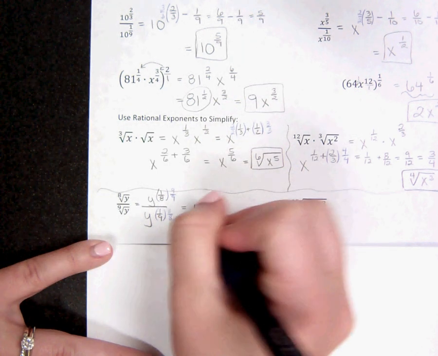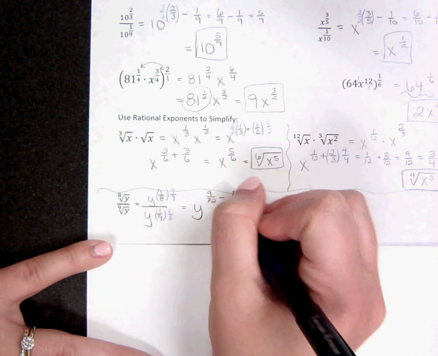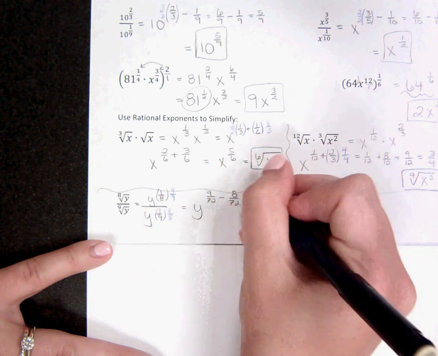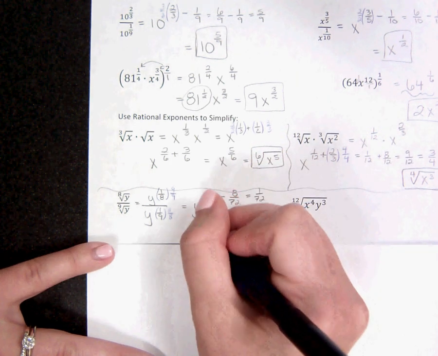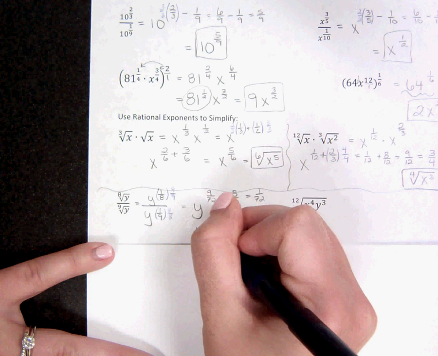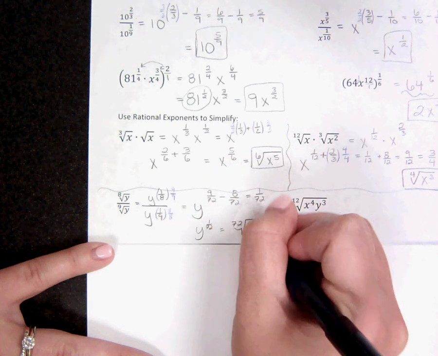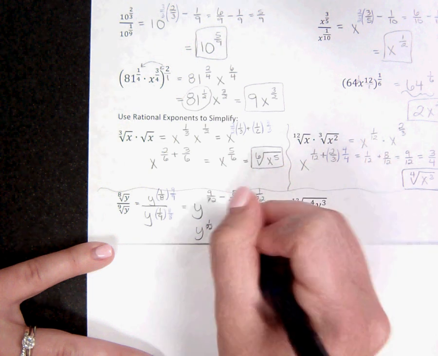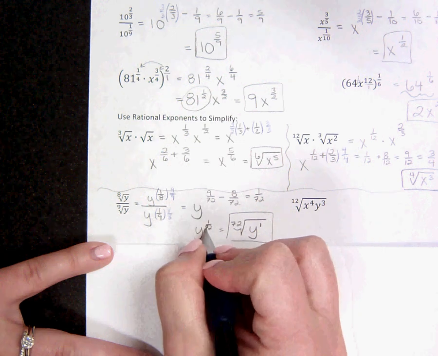So that will be y to the 9 over 72 minus 8 over 72, which is 1 over 72. So that would be y to the 1 over 72. And we can rewrite that in radical form, the 72nd root of y to the 1st. And you don't have to put to the 1st, it just kind of helps your brain see where the numbers are coming from.